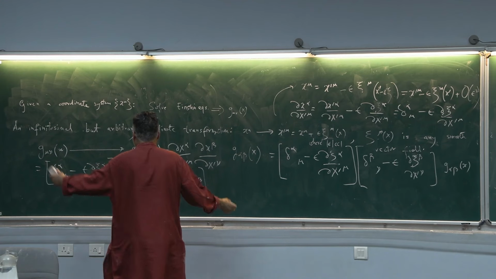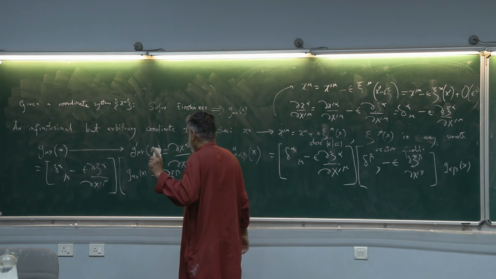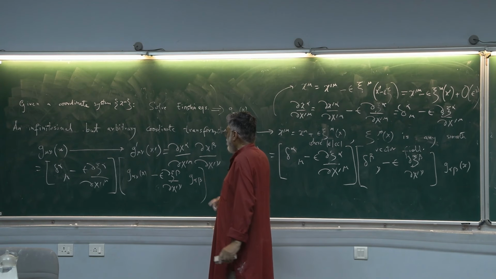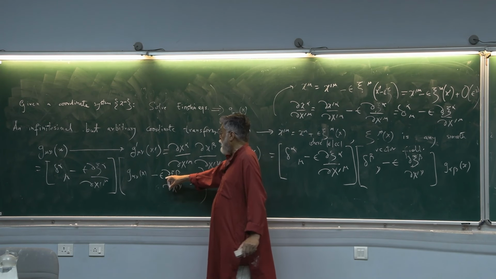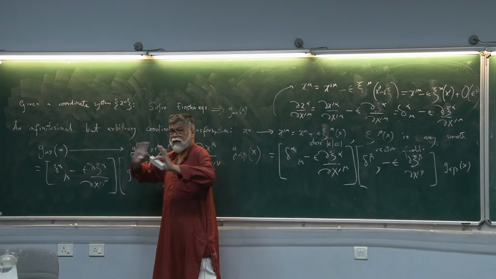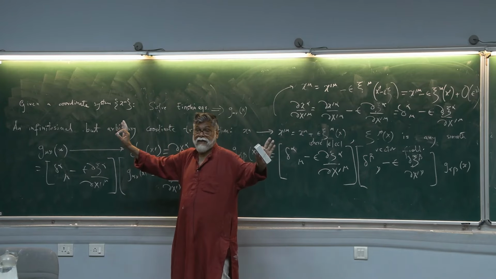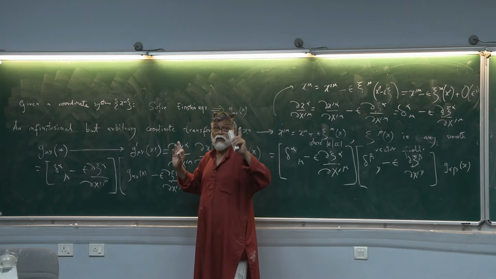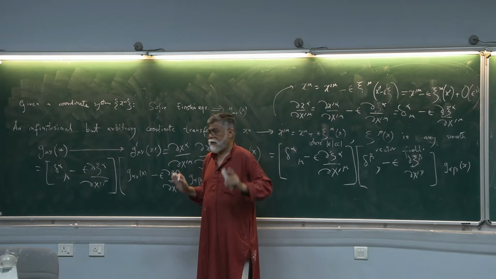Now I'll expand the whole bracket, but note epsilon is very tiny. I will retain only up to linear order. There will be a quadratic term, epsilon squared, that I will neglect, because remember epsilon is very tiny. I am retaining only up to linear terms in epsilon.